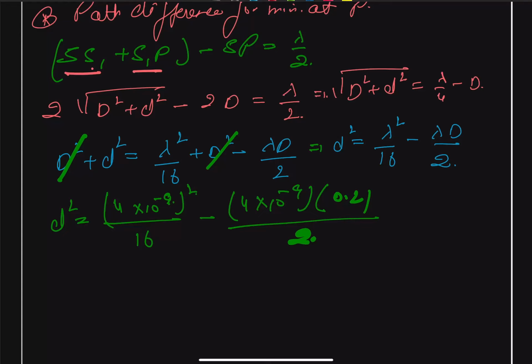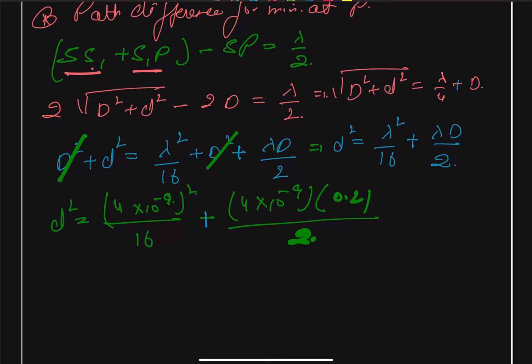Sorry, my mistake, yeah, that was correct. This has to be plus, because this is minus, so this will be plus and this will be plus. Now it looks good.